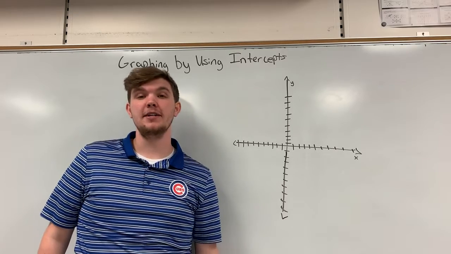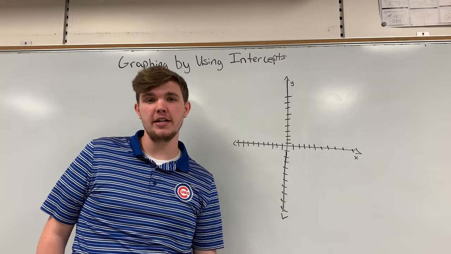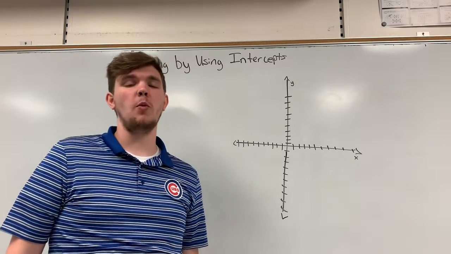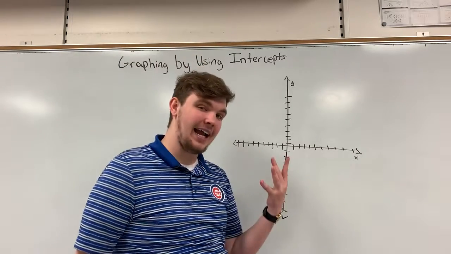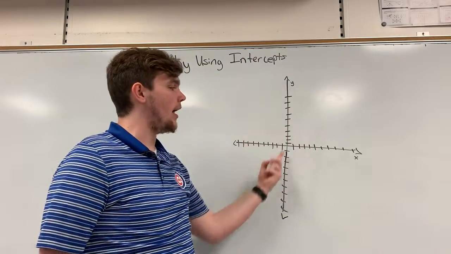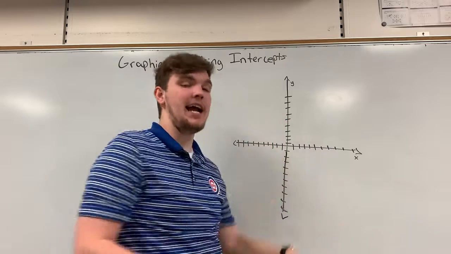Hey guys, I'm Mr. Mills, and today we're going to be reviewing how to graph a linear equation using its intercepts. If you remember from a while ago, an intercept is where a line crosses either the x-axis or the y-axis. It's where it literally intersects the axis.